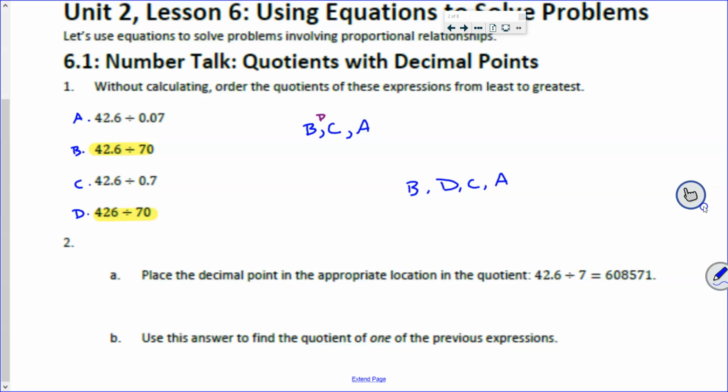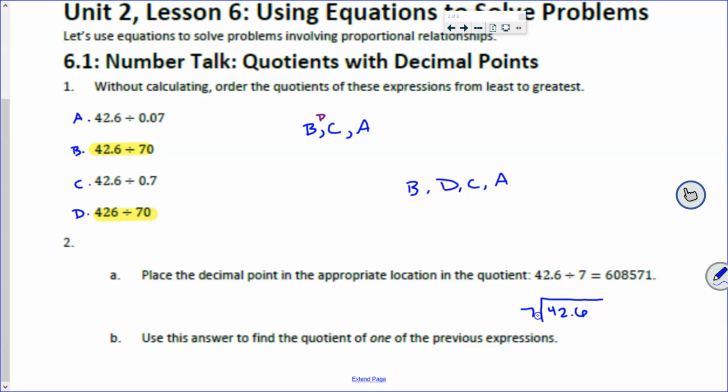So you're not actually doing the long division, but if we're doing the long division, where would that decimal place go? Does it change? Carter? You got it. Exactly right.